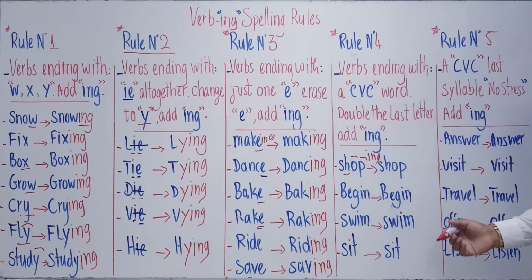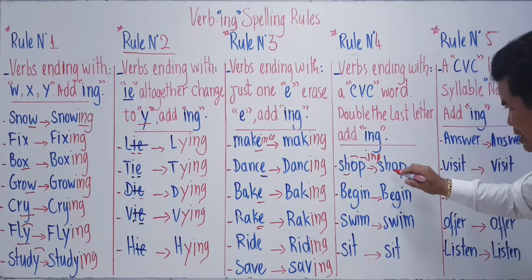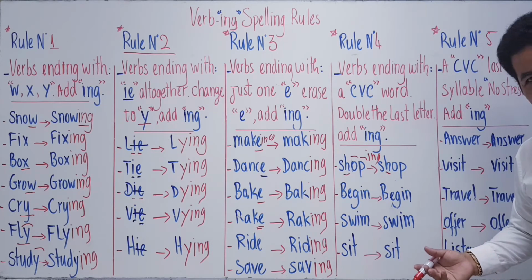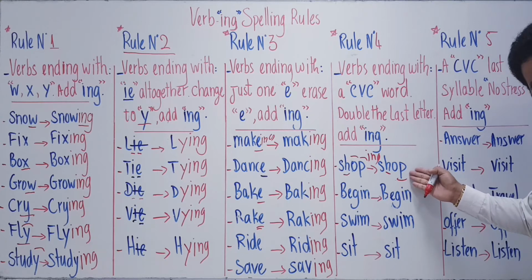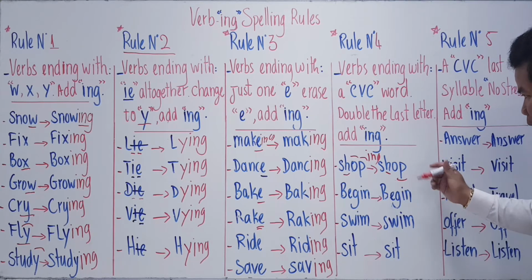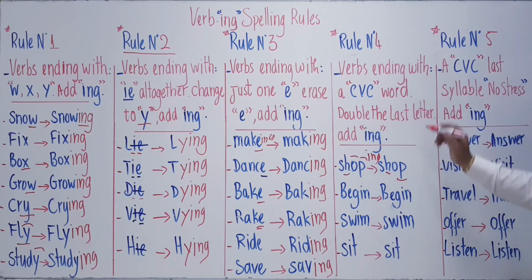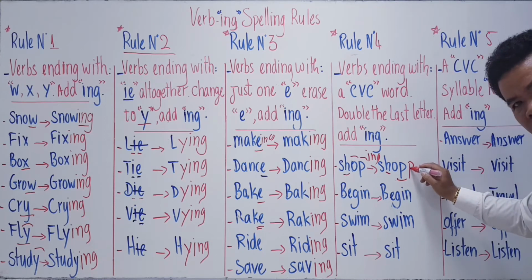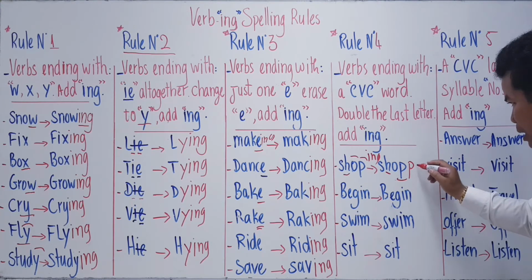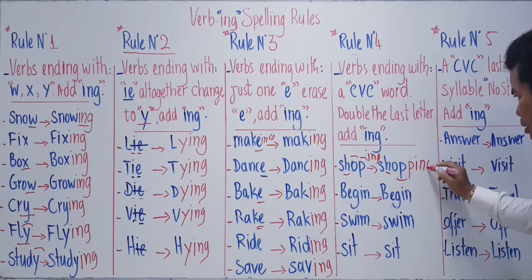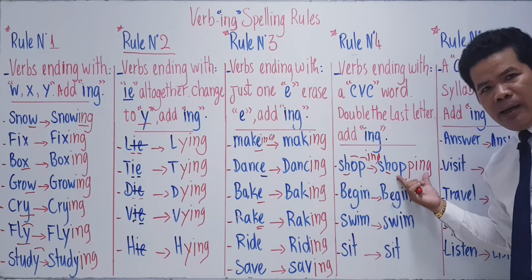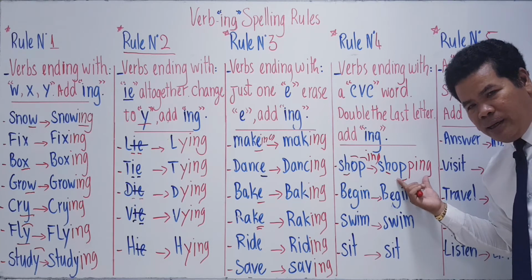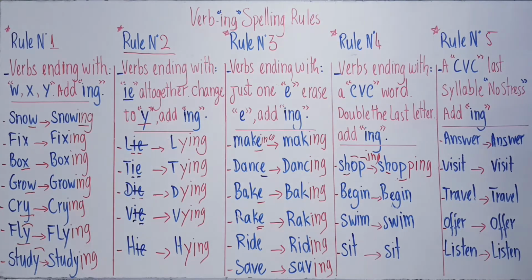So, which one is the last consonant? Is it H? Or is it P? P is the last consonant. That's why before you add ing, you have to double one more P. You have to write one more P and ing. We have shop and then shopping. Are you clear? So now let's have a look at the other example.